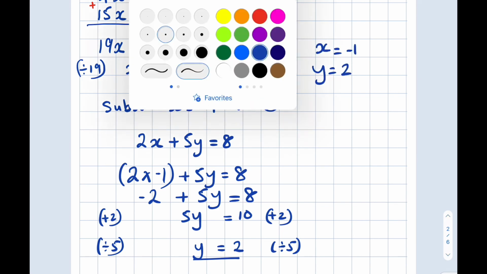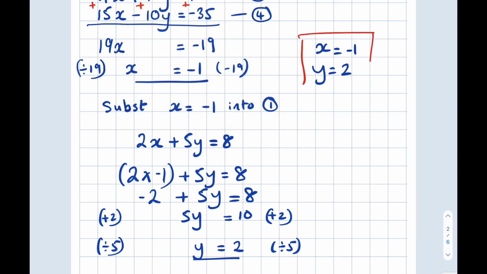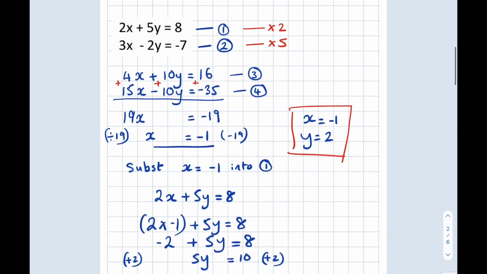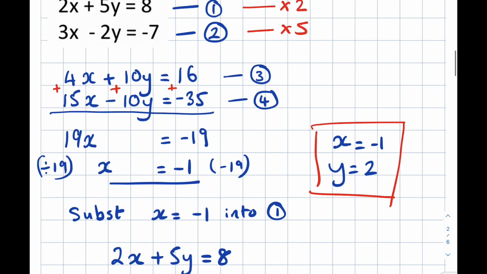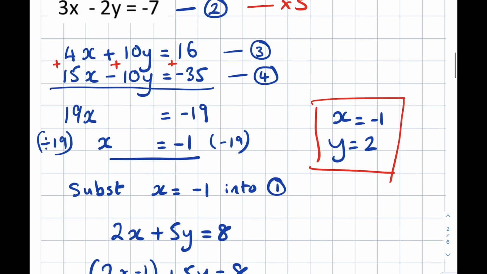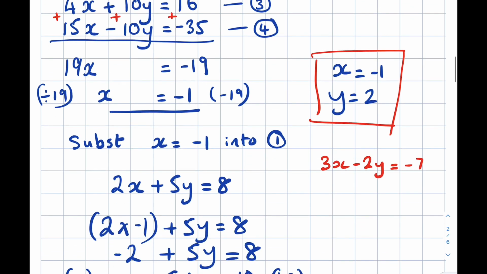Now we need to make sure that we've got the correct solution here. What we can do is substitute it into one of the equations that we haven't used yet. So perhaps use the second equation. So where we have 3x minus 2y, we can substitute it in there very quickly to check to see it works and we haven't made any errors.